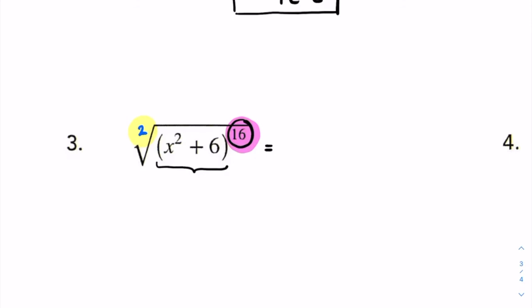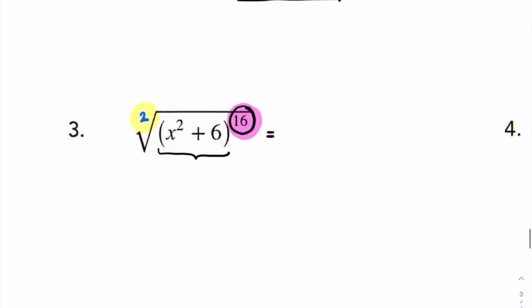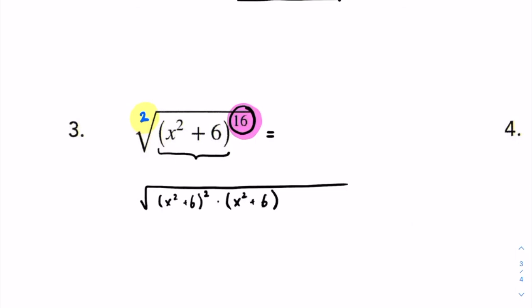We're going to have the square root of x squared plus 6 raised to the power of 2 times x squared plus 6 raised to the power of 2 times x squared plus 6 raised to the power of 2. And this list is going to continue. It continues 8 times. You have a total of 8 factors.